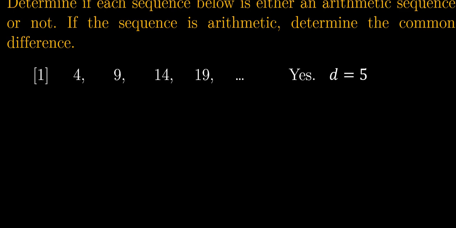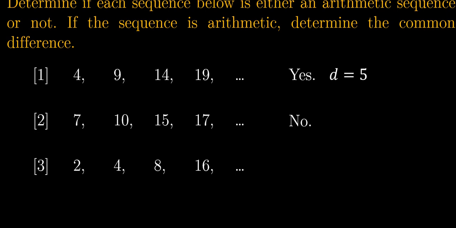So d is equal to 5. Number 2: 7, 10, 15, 17, and so on. This sequence is not an arithmetic sequence because from 7 plus 3 makes 10, up to 15 is plus 5, then goes to 17, that's plus 2. The addition of the value is not constant. So this is not an arithmetic sequence.